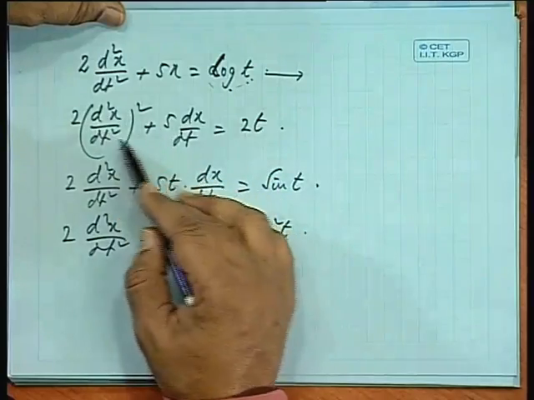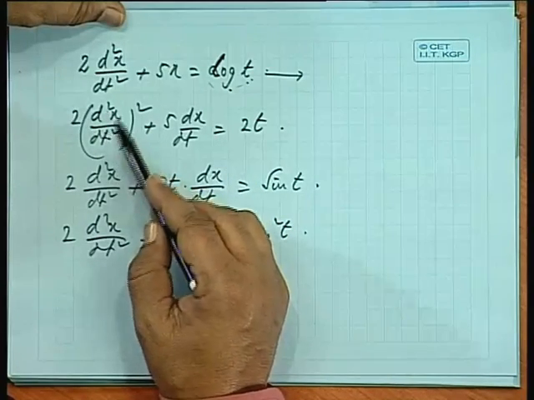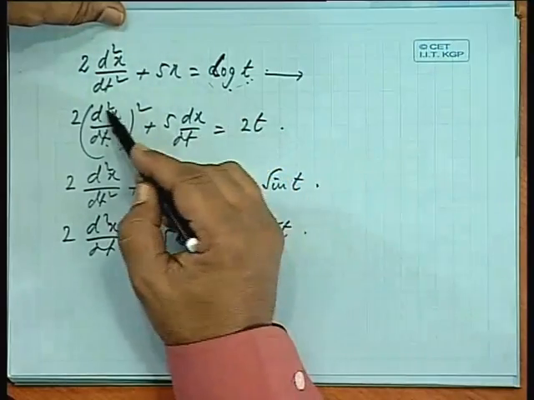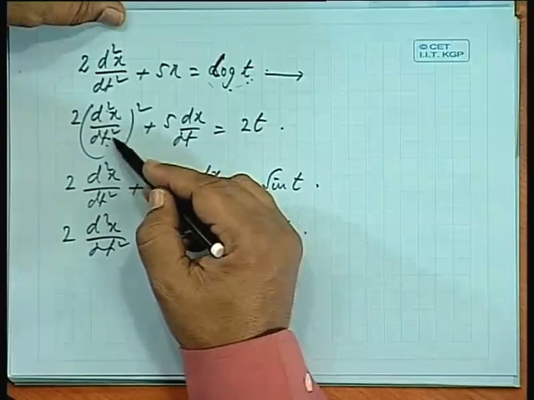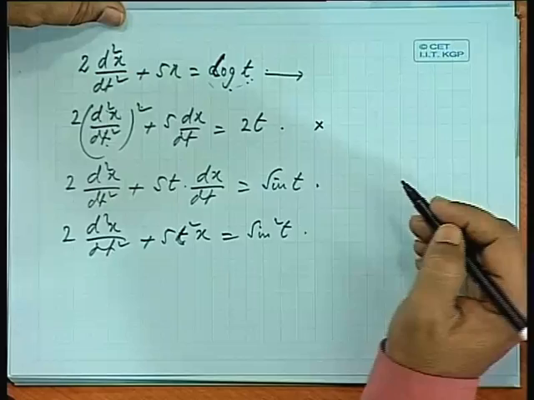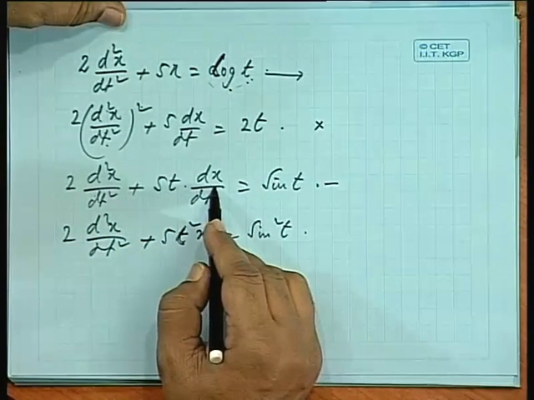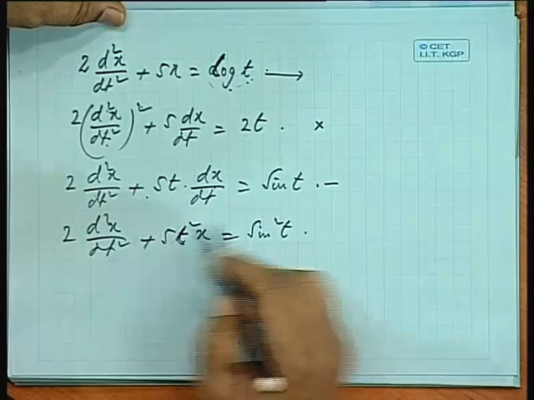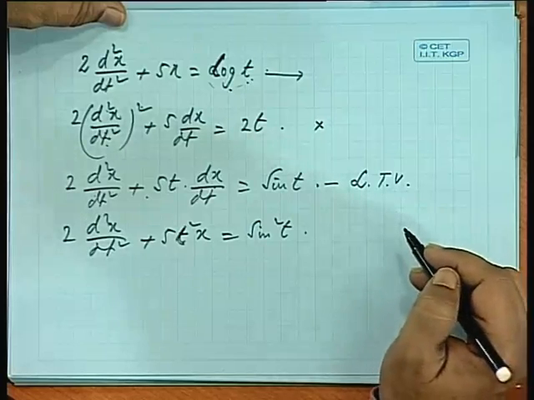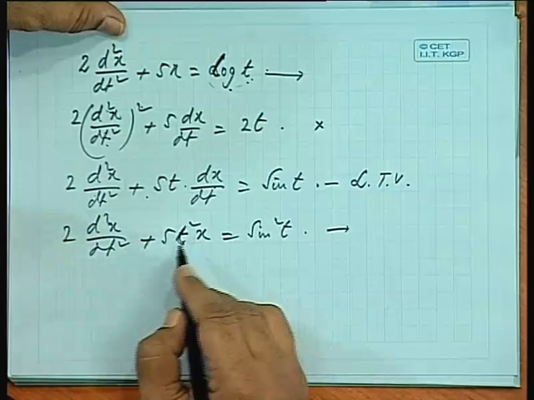The second one is nonlinear, because x and its derivatives are the dependent variables, and they appear in a nonlinear form. What about the third? It is linear but time varying. The fourth is also linear time varying.